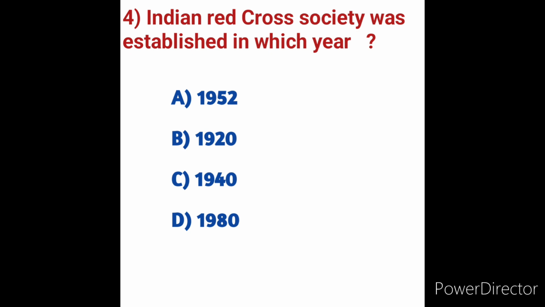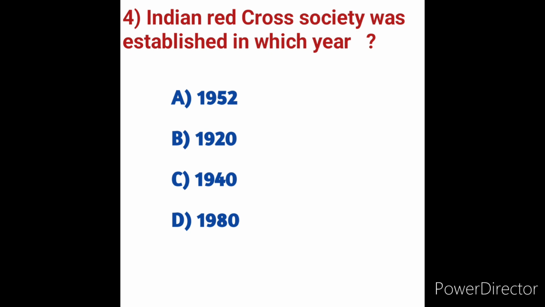A bill to constitute the Indian Red Cross Society independent of the British Red Cross was introduced in the Indian Legislative Council on 3rd March in the year 1920 by Sir Claude Hill. The act was last amended in the year 1992 and rules were formed in 1994.